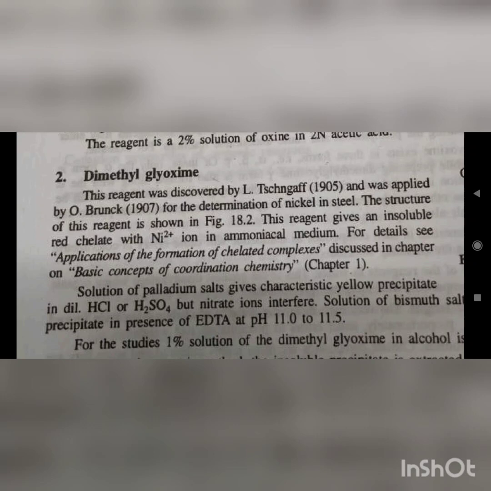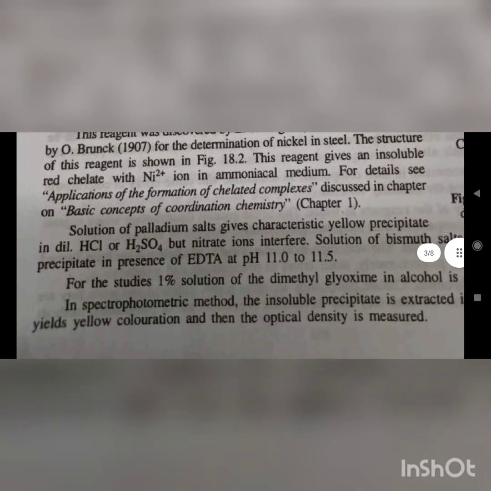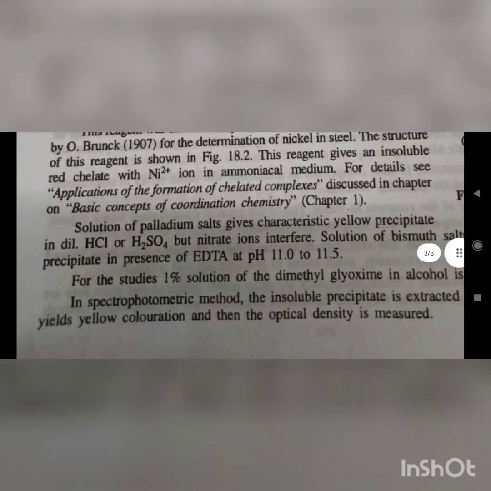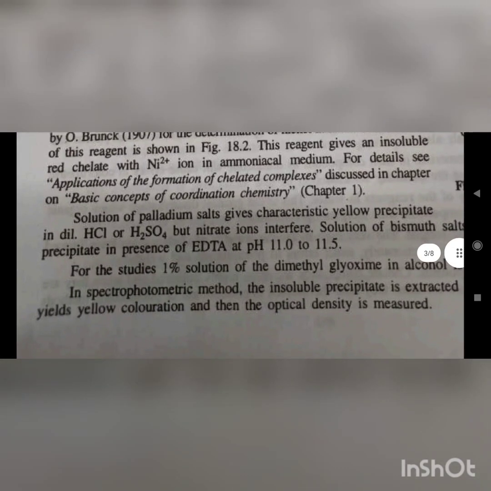Applications of the formation of chelated complex are discussed based on the basic concept of coordination chemistry. Solution of palladium salts gives characteristic yellow precipitate in dilute HCl or H2SO4, but nitrate ion interferes. Solution of bismuth salts also gives a yellow precipitate in presence of EDTA at pH 11 to 11.5.